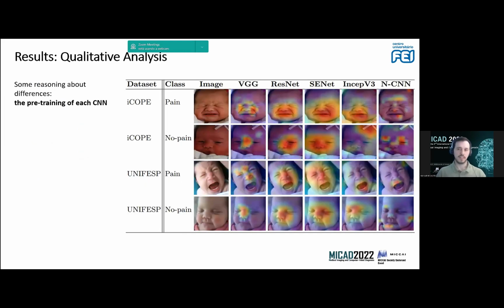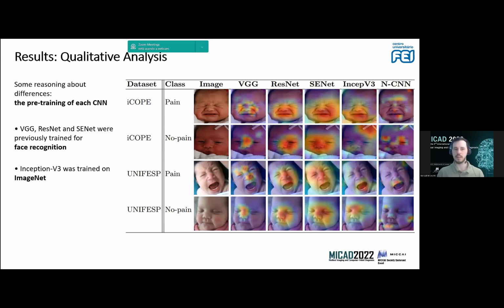And we hypothesized that one possible cause of this difference in the models' performance is the original training of each one. So the top 3 CNNs, the VGG, ResNet, and SqueezeNet, were all trained for face recognition, for face images, a data type similar to the iCOPE and UNIFESP datasets, while the Inception V3 was trained to distinguish the 1000 classes of ImageNet.